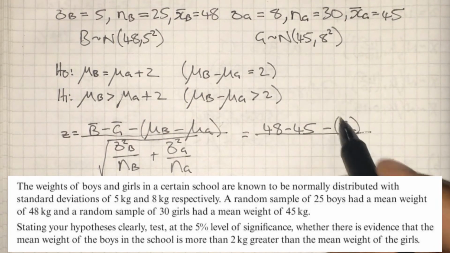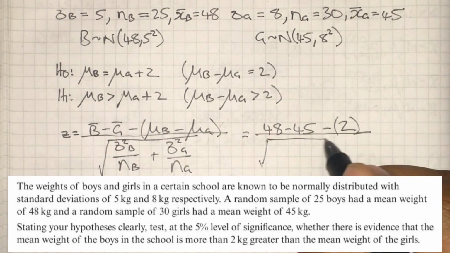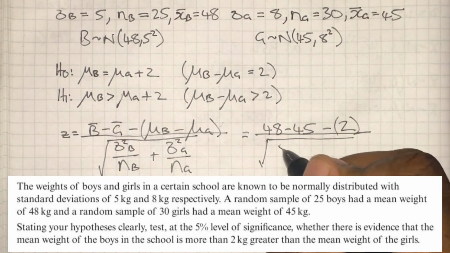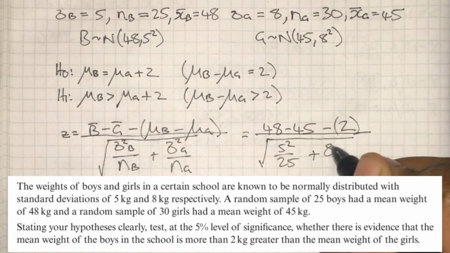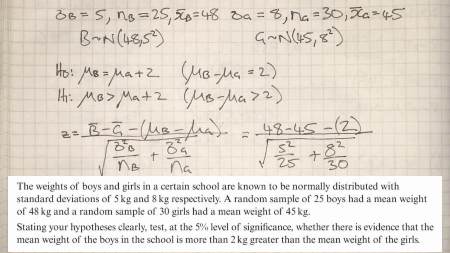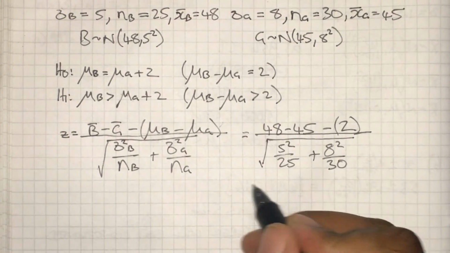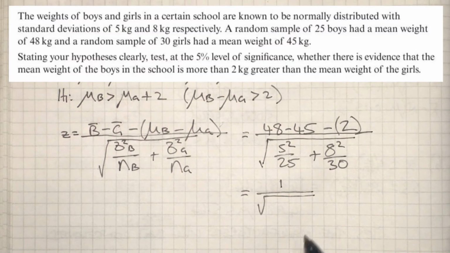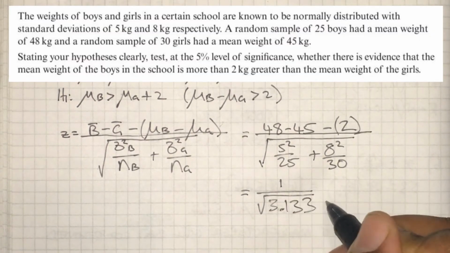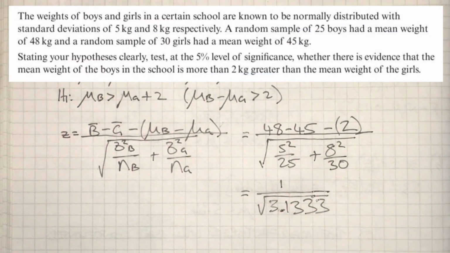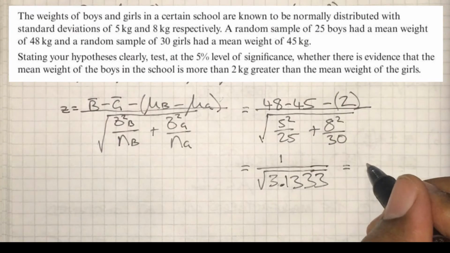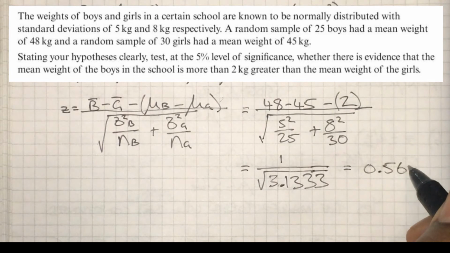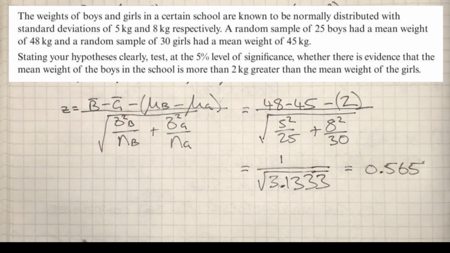Everything else is going to work exactly the same way as it did before. We'll get our test statistic. We'll make a comparison with the 1.6449 since we're still doing 5%, and then we'll draw our conclusion from there. So the difference here is in the hypotheses, in the value that goes into the bracket in the test statistic, and we may well see a difference in our conclusion as well.